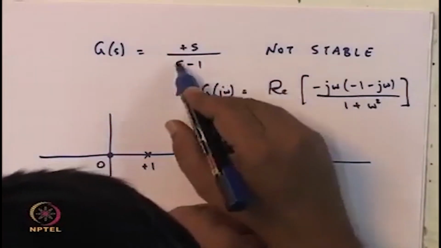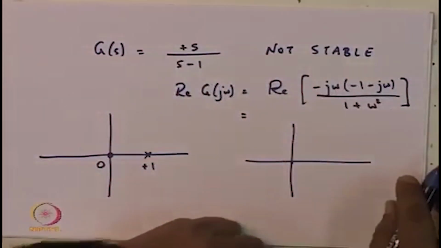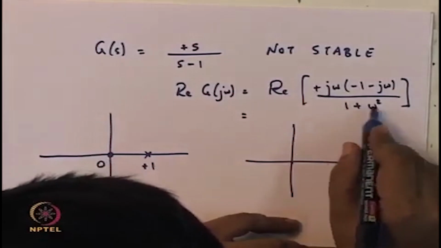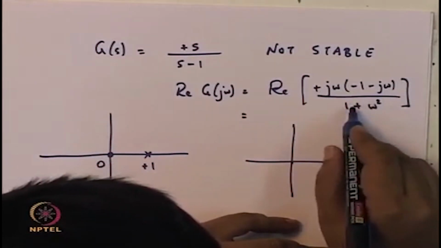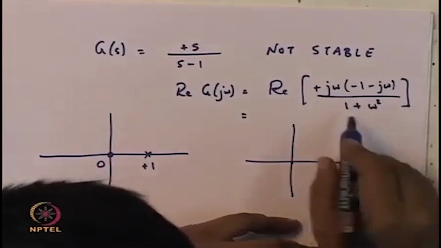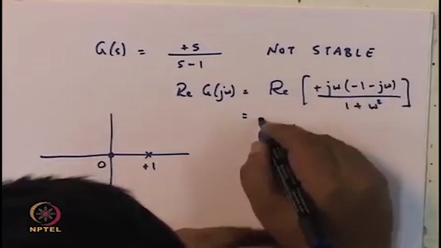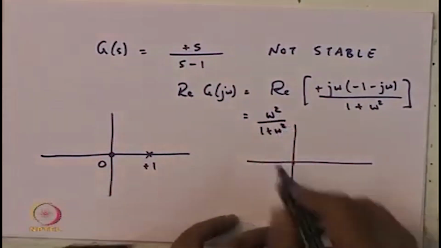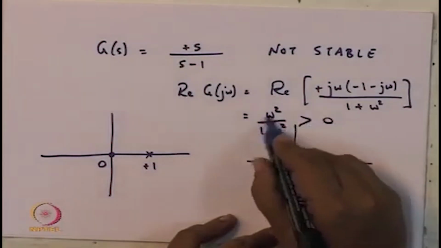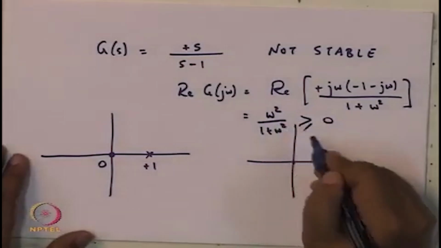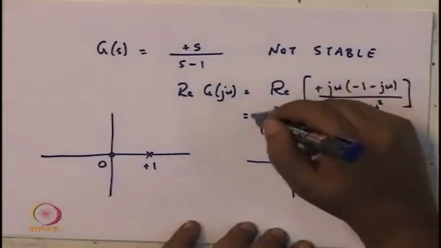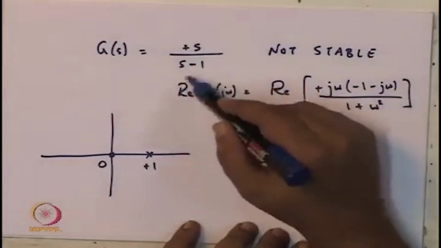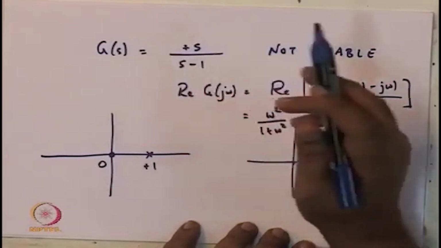So, if I take this transfer function, s upon s minus 1, this is not stable, and when you calculate, this is plus, and so you get 1 plus omega squared. And so, the real part will turn out to be omega squared upon 1 plus omega squared, and this quantity here is greater than or equal to 0 for all omega. So, if you use the definition that the real part of the transfer function is greater than or equal to 0, then this transfer function is positive real.